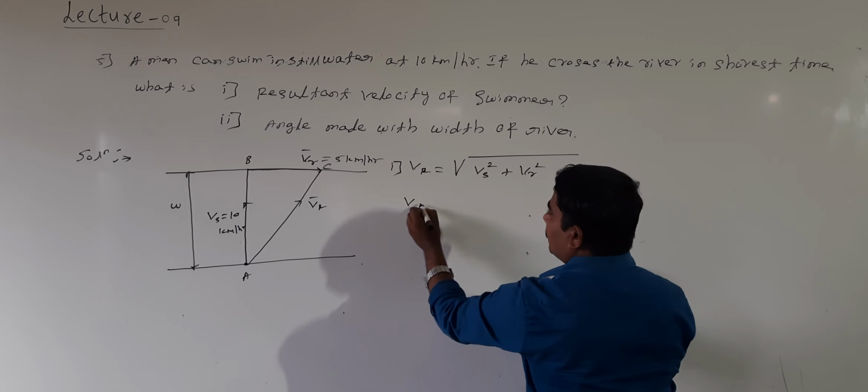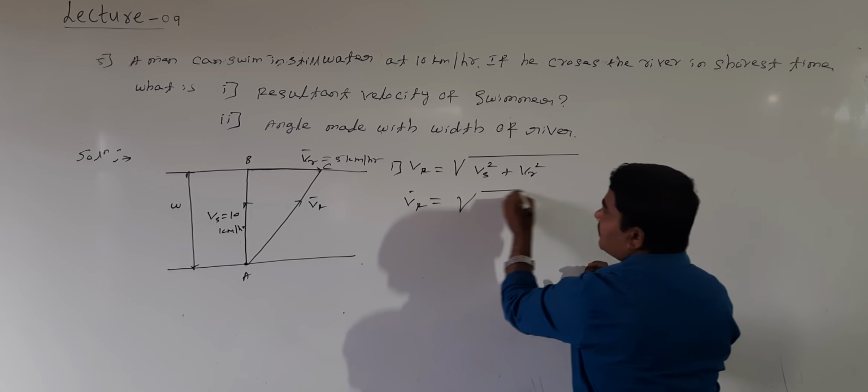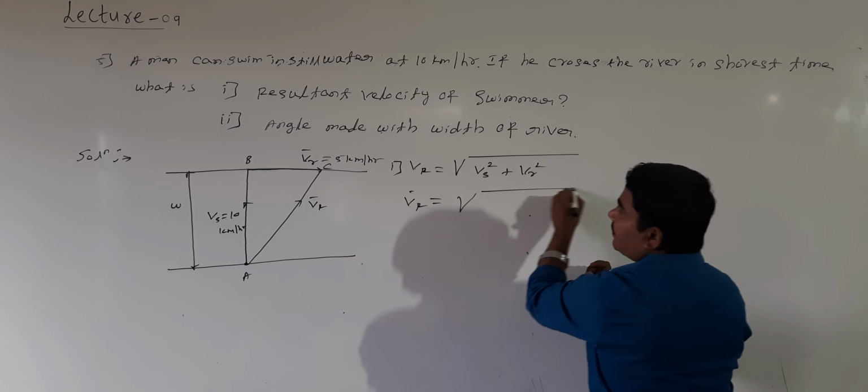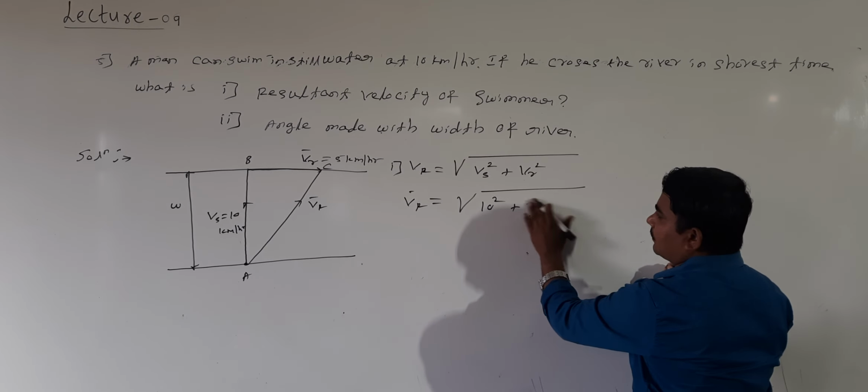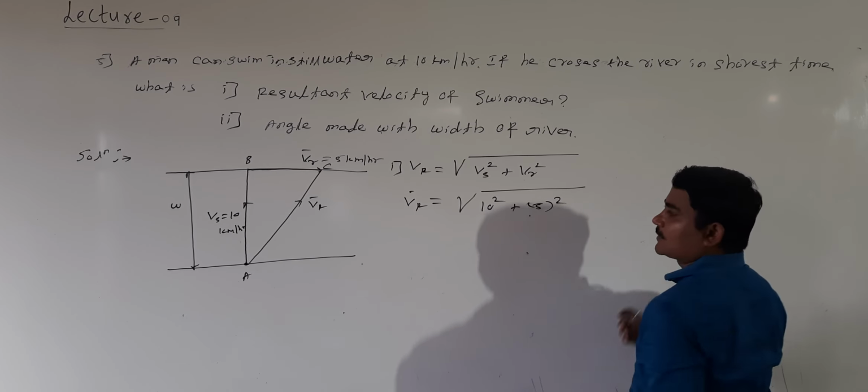Solution number 1. V resultant equals Vs, which is given as 10 km per hour, so 10 square, plus Vr, which in the diagram he has given as 5 km per hour, so 5 whole square. That is 100 plus 25, so the resultant is under root of 125.